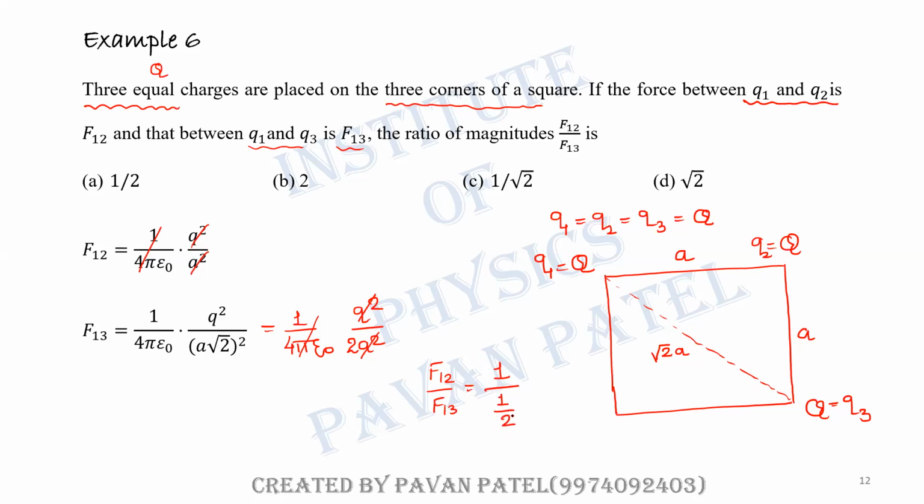This 2 is in the denominator of the denominator, so it goes in the numerator and the value becomes 2. So the answer is the ratio 2. So option B is the right answer.